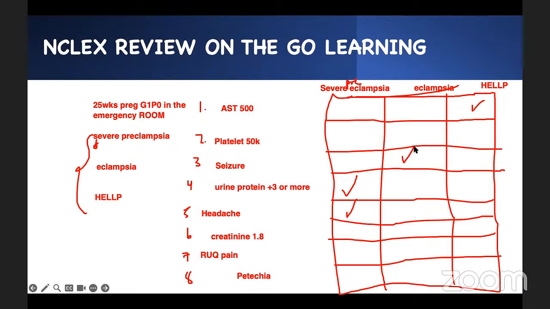Seizure for eclampsia, headache, and urine protein. Where is urine protein? Yeah. And somebody said preeclampsia, eclampsia. Okay, eclampsia is 4 and 5. Okay, I put it there. 4 and 5. 3 and 5 is for severe. Okay. Platelet is for HELLP. Somebody said platelet is for HELLP. Okay, I'm choosing your answers.